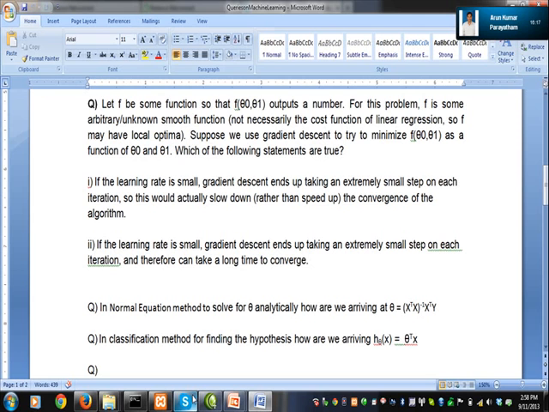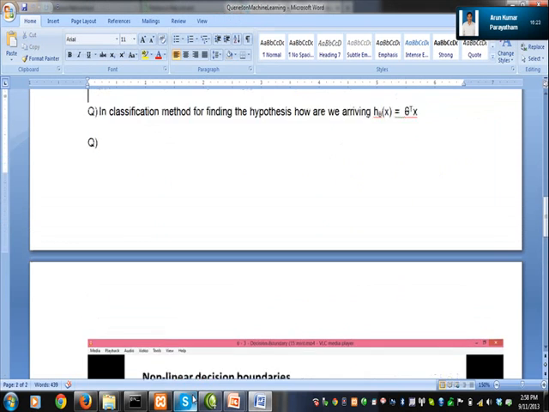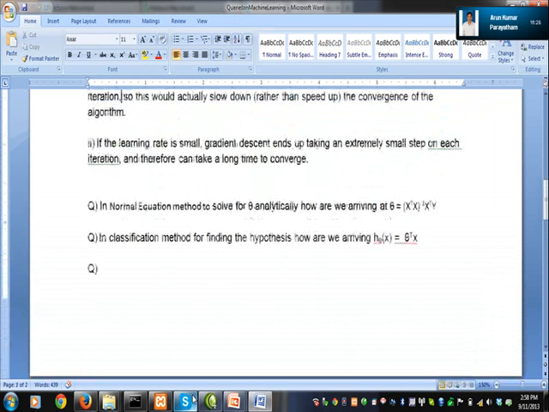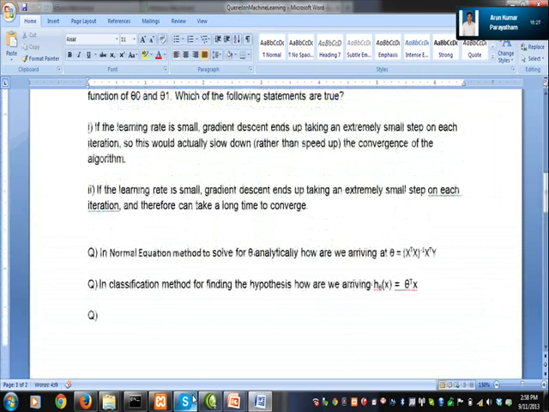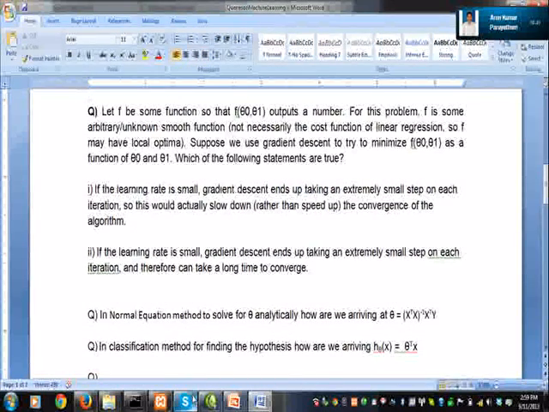If alpha is a high value, it converges fast, but there is a chance that it may cross over 0. You may not reach 0. After you get 1, if your alpha is more, suppose 3, then 1 minus 3, you go to minus 2 slope. You won't get the 0.